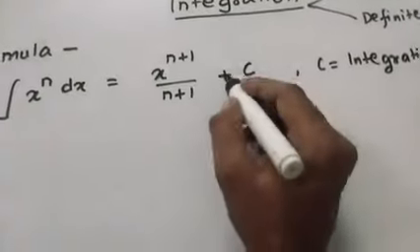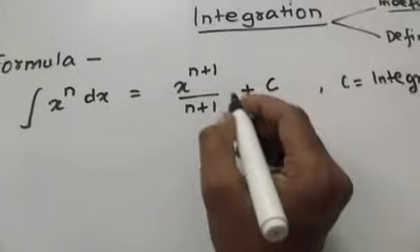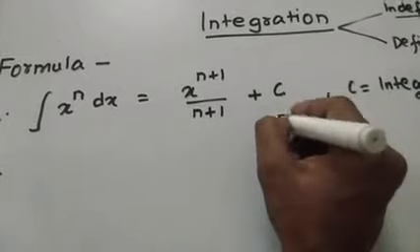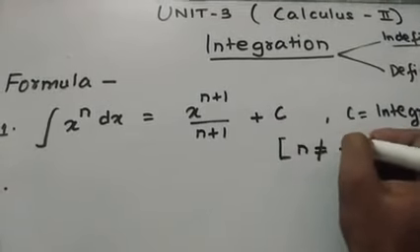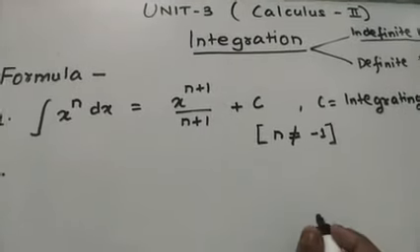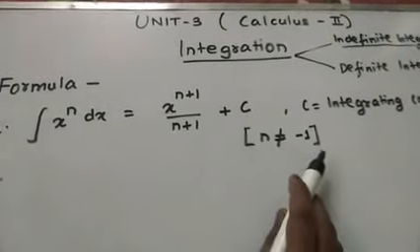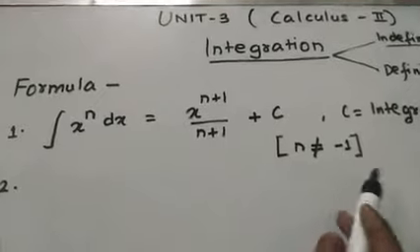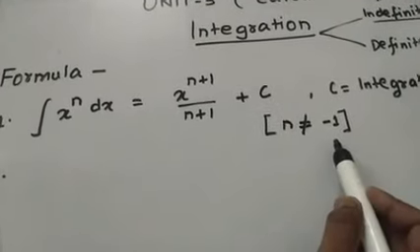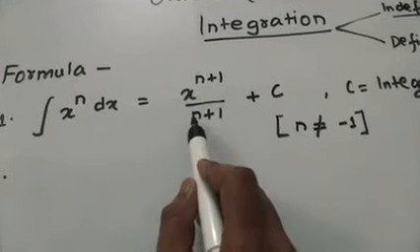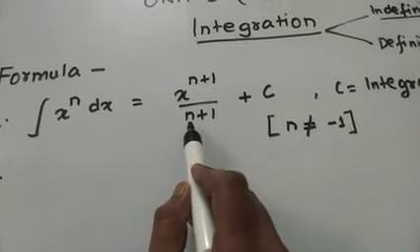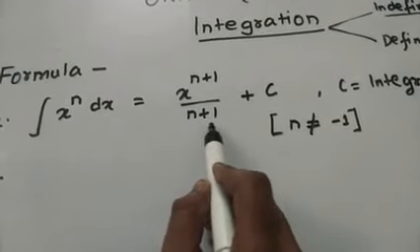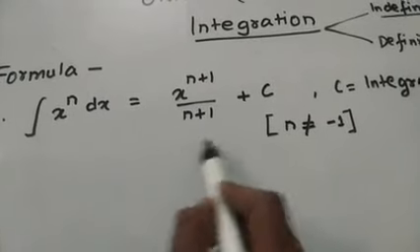One thing more for this formula: remember that the value of n cannot be equal to minus 1. Why? Suppose the value of n is equal to minus 1. If you put minus 1 in place of n, what will you get? Minus 1 plus 1, that is 0.